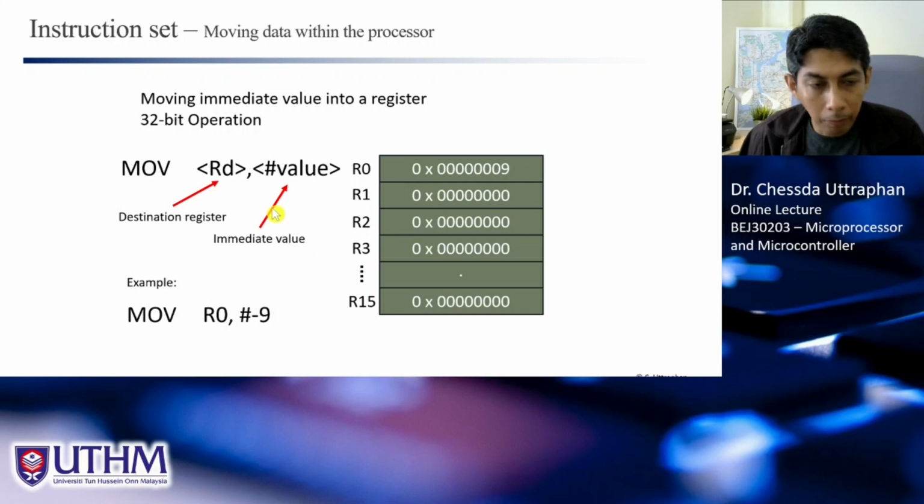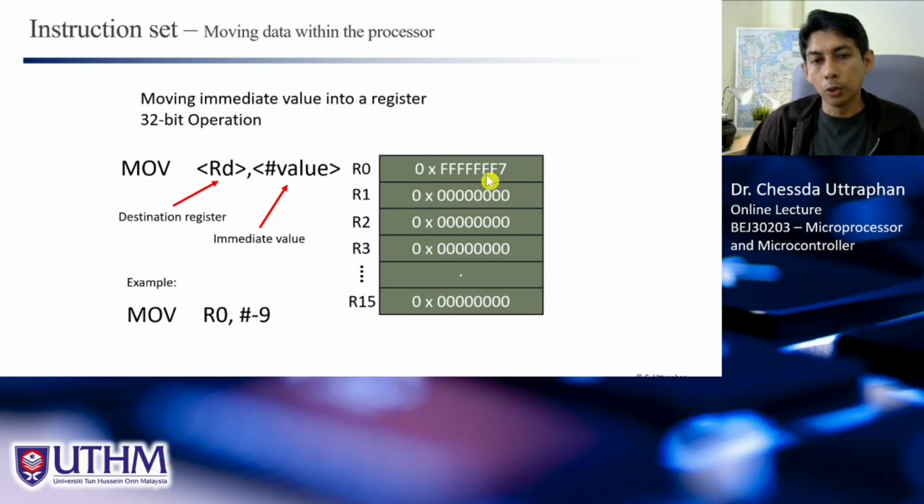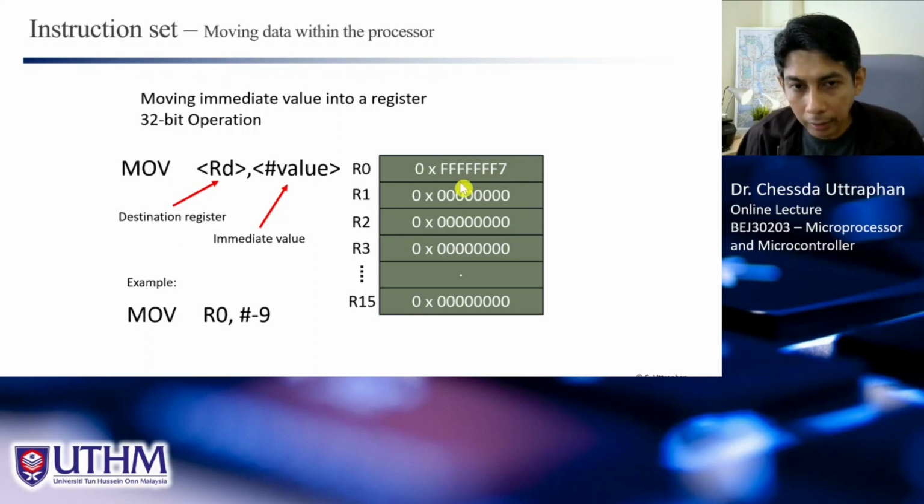And if we have this instruction, for example, move R0, all right, this is immediate, -9, negative number. So what we will have in the register is this. This is -9 in 2's complement, 32-bit, negative number. -9 is here.